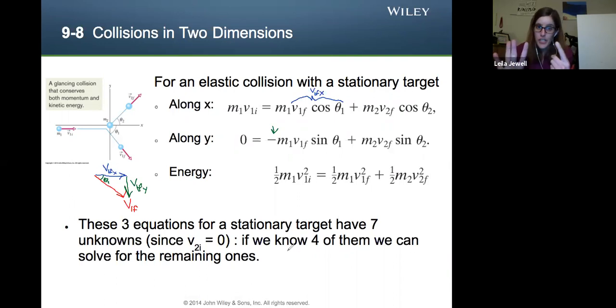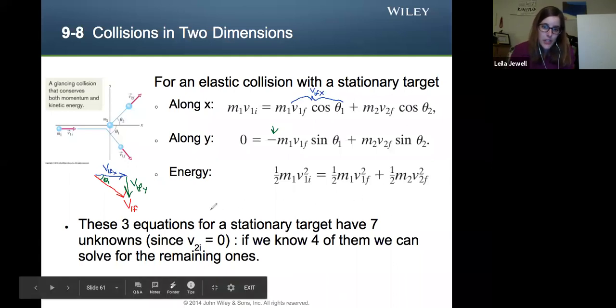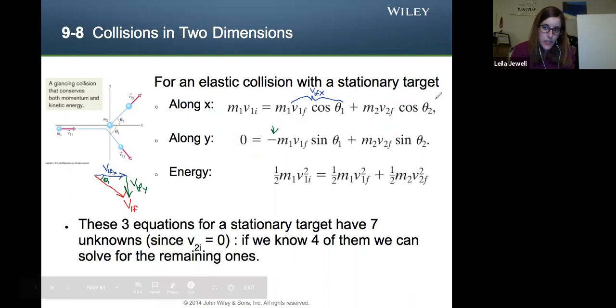We could solve for the 2 angles and the final velocity of 2, for instance, because we have 3 equations, so we can solve for up to 3 unknowns. So they're a pretty powerful set of equations. This is again applied in elastic collisions, which is why we have the conservation of energy. But even if it was an inelastic collision, the first 2 equations would still apply because they're just conservation of momentum, which is pretty powerful.